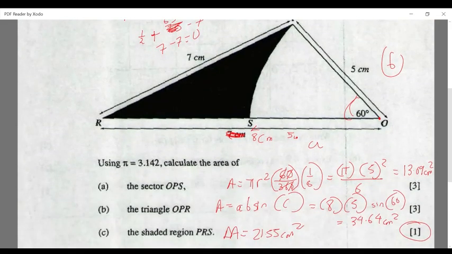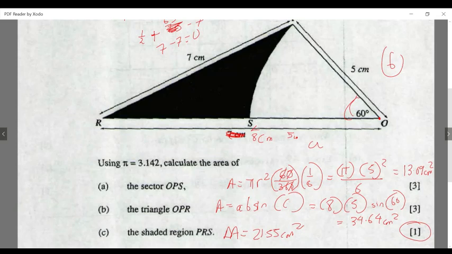So recognize that a total circle is just 360 degrees, right? So that means that a portion of this circle is 60 of 360. So to find the area, it's just pi r squared times 60 over 360.